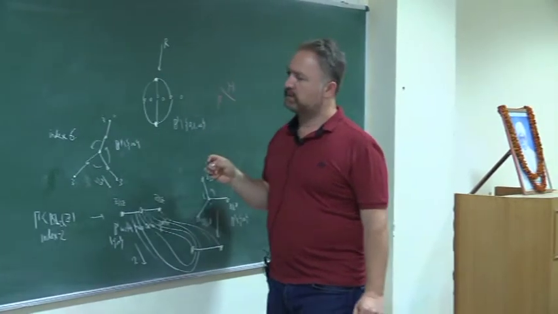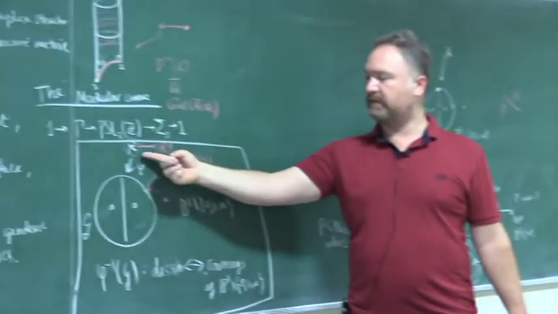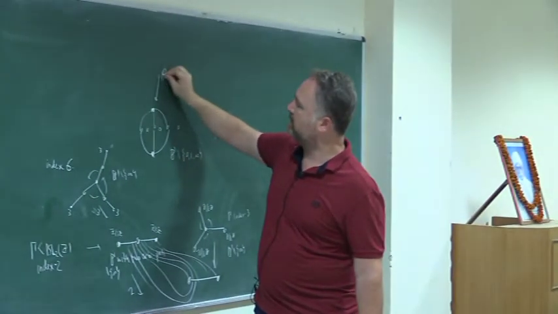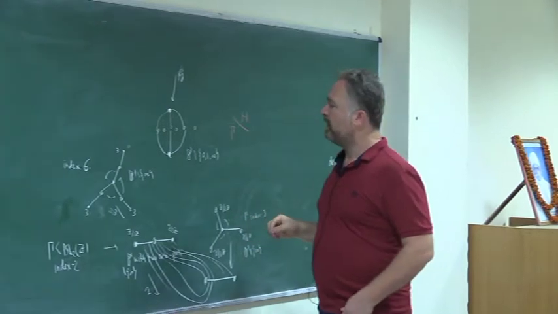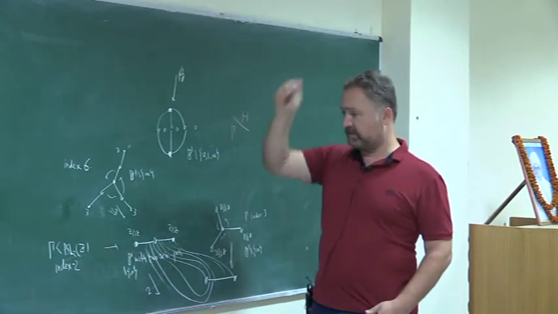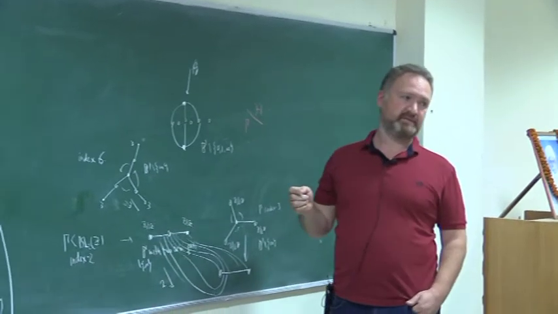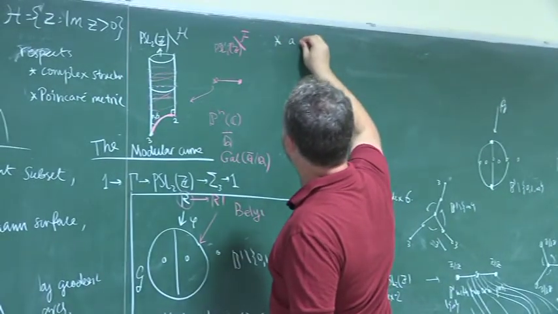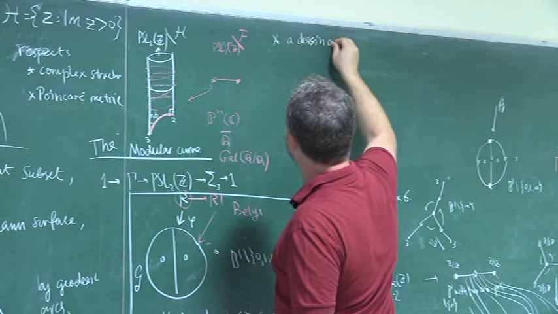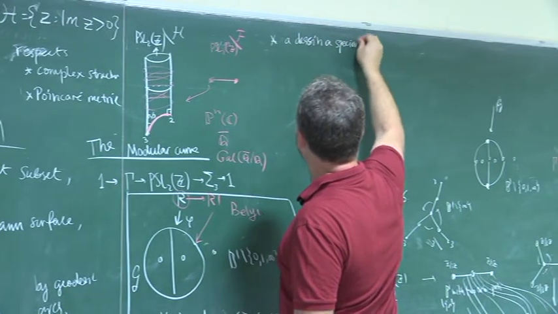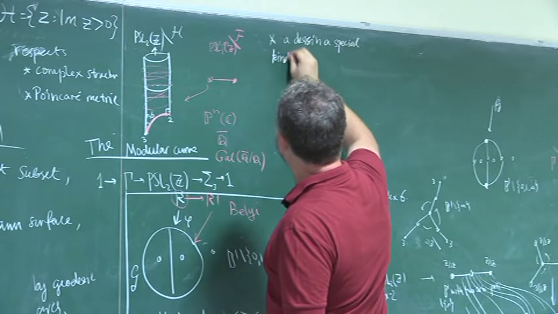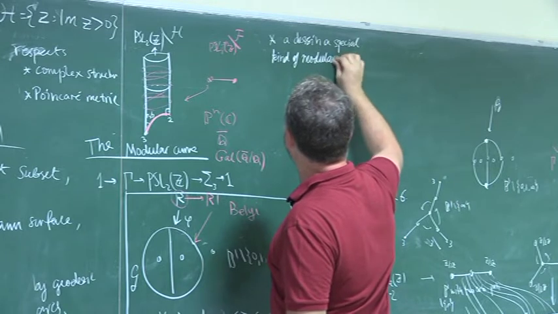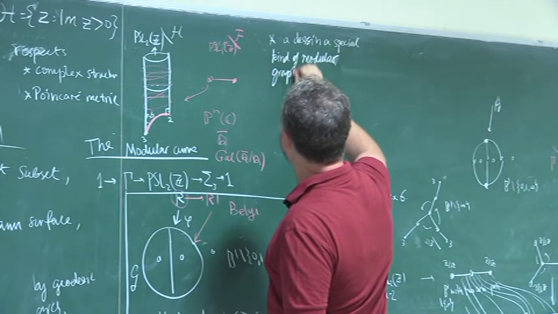So when I lift this graph to that surface, I obtain a graph, and that graph defines another graph, G, which defines the surface R. So we can consider dessins as a special kind of modular graph.